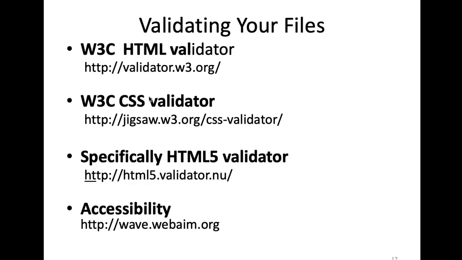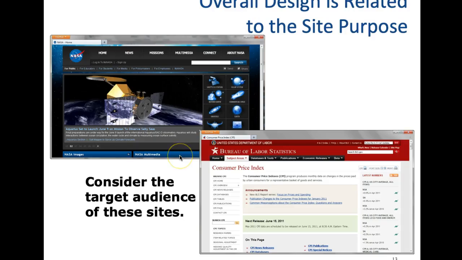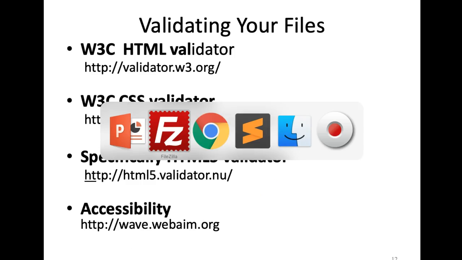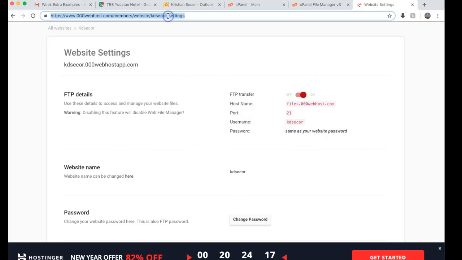This is a list of validators, which we've been over. I've been using this one to correct your work. You probably know that. But the beauty of having a server is that when you go into these validators, like the HTML5 validator, I'll show you something real quick.